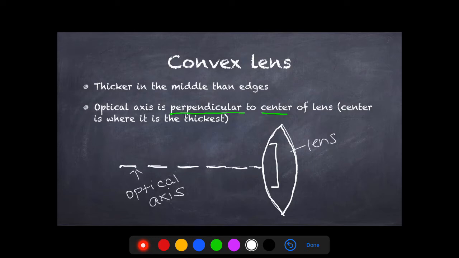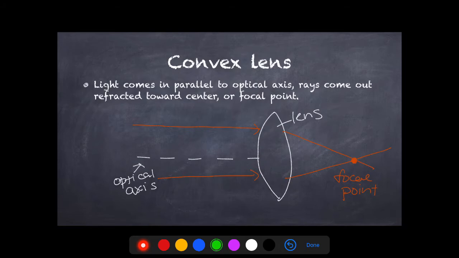And my optical axis is going to go perpendicular and hit right in the middle of the lens. So remember, perpendicular looks like this. So this would be my purple optical axis, and then my white would be my lens, and it's going perpendicular. And it's going to be thicker in the center, which is right here, versus the edges, which is right there.